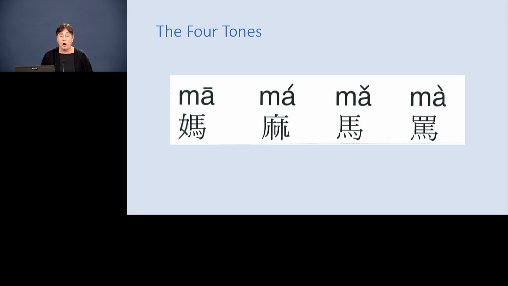And here are 4 different characters for the 4 different tones of the combination ma. So we have ma, ma, ma, ma. As far as the Chinese ear is concerned, these are 4 completely different sounds, and each sound has perhaps many meanings, but it will be a discrete number of meanings.